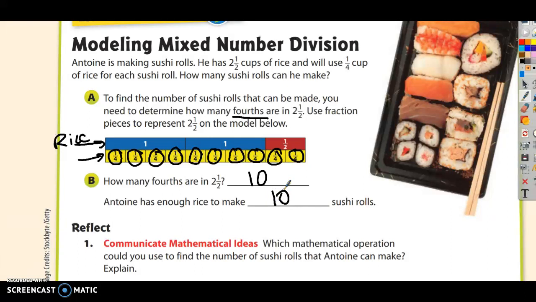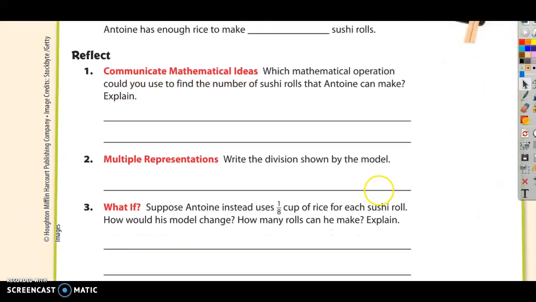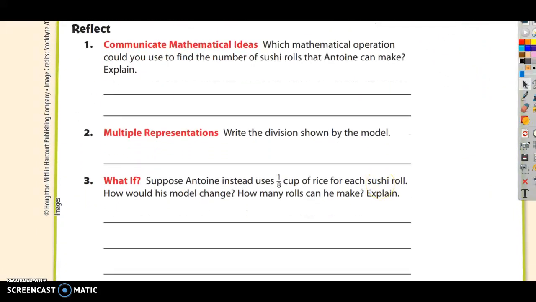Now we actually just divided, you're just not sure that we did that. Let's go ahead and check out the bottom of the page. Okay. Reflect number 1 reads, which mathematical operation could you use to find the number of sushi rolls that Antoine can make? Well, that's division. So the first answer is division. It says explain.